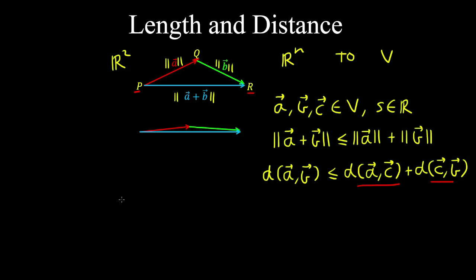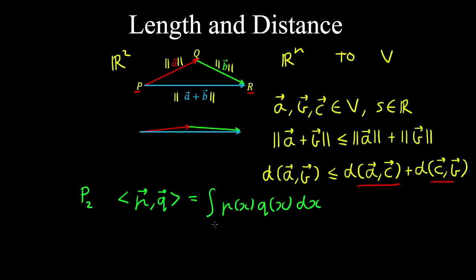So let's look at an example. If we have the inner product space P2, which is a set of all polynomials with a degree less than or equal to 2, and we have the inner product between two polynomials defined as the integral of the product of their components with respect to x, and we integrate from -1 to 1.